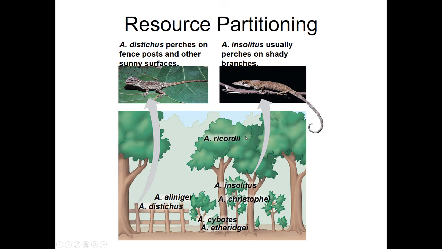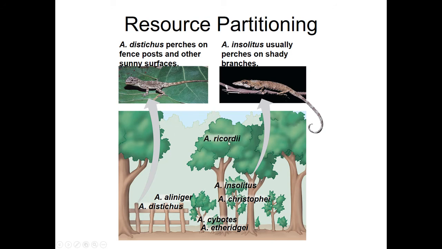But the cool thing that they found is that when all the species were together, they rarely strayed from their environment. So the lower understory perchers stayed there and hunted there. They didn't go in the upper canopy, and vice versa. But when they did removal experiments, they found that if they removed all the other lizards, then the species that lived down here in the understory expanded its habitat and would go everywhere.